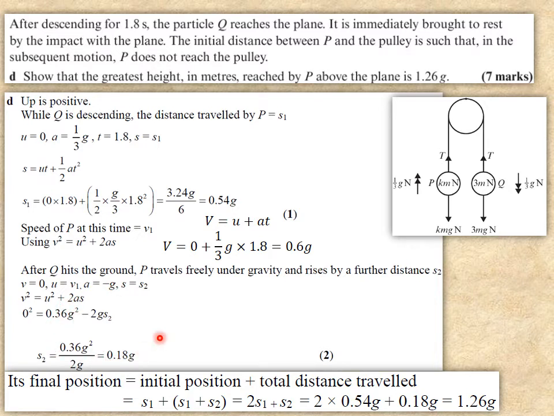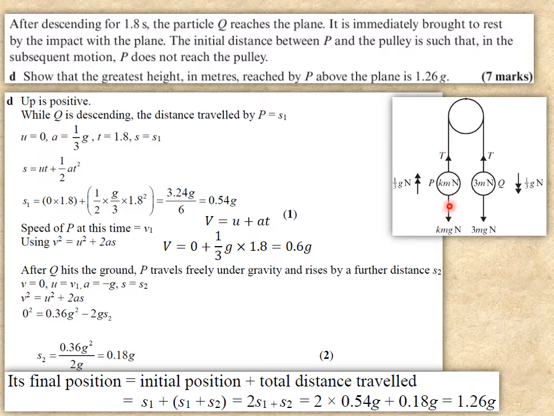So basically what we understand here is, when Q moves down and reaches the floor, P has gone that much distance up, which is 0.54 G, and then it has gone a little further up under gravity, which is 0.18 G. So what is the total distance that P is above the ground?